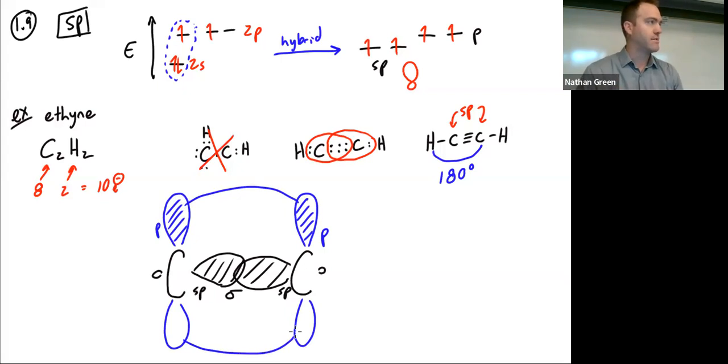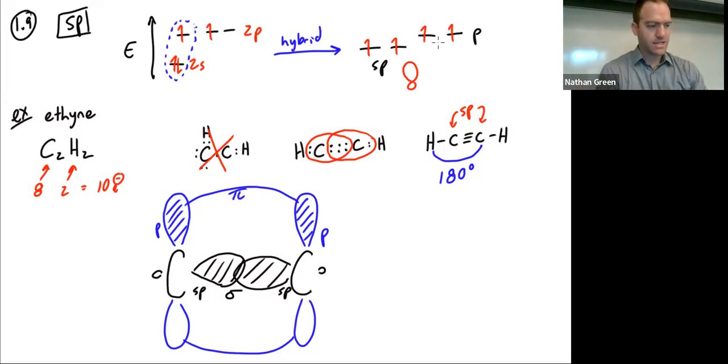What kind of bond did I just make? Pi bond, right? 2 lines, 1 bond. What I've drawn for you so far is a double bond, 1 sigma, 1 pi.